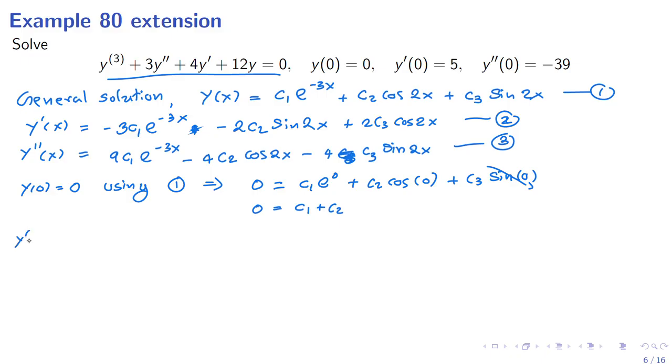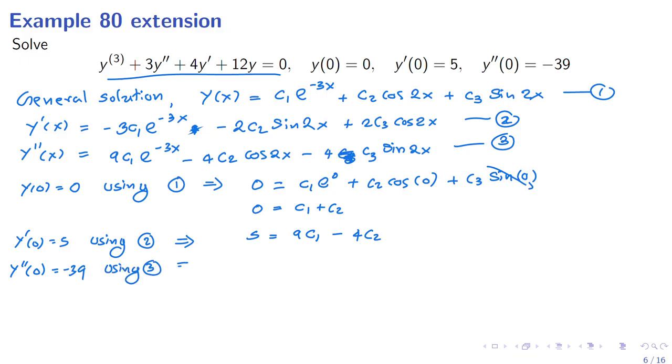And then if we apply y prime of 0 equal 5 using the second equation we have, we can say 5 equals... Actually, I think I made a mistake in the second one, so this is wrong.